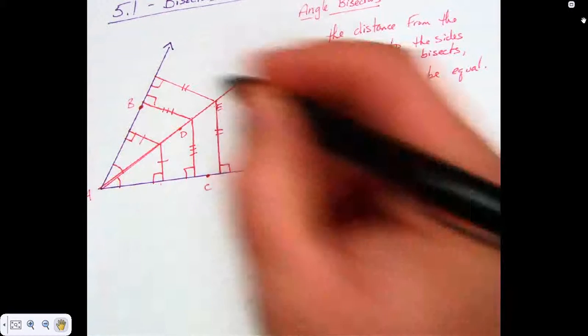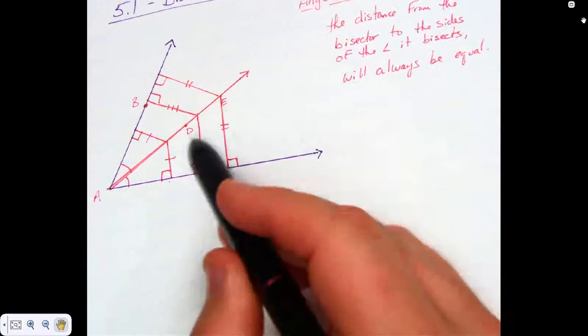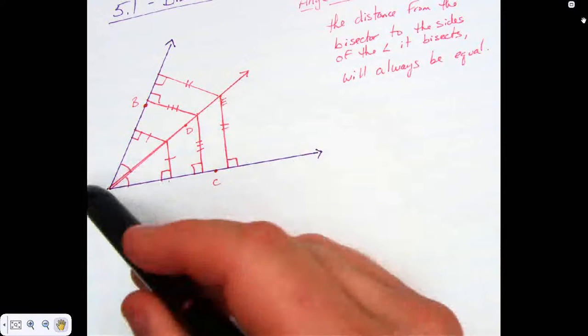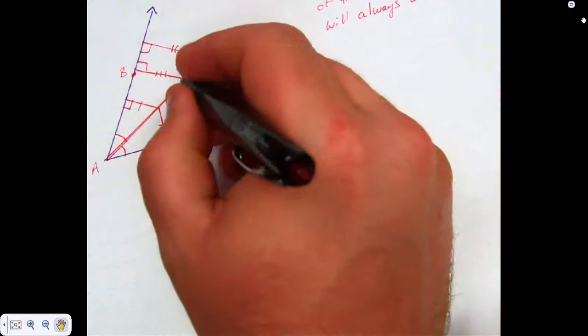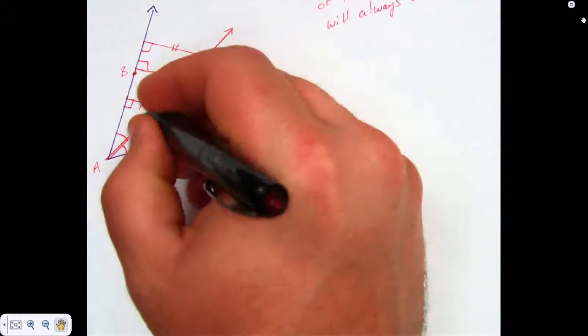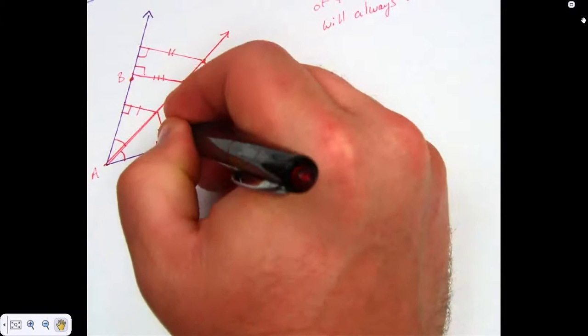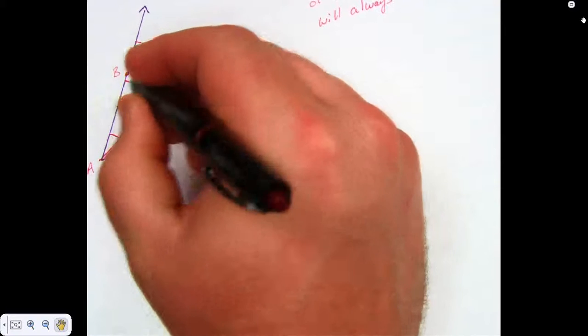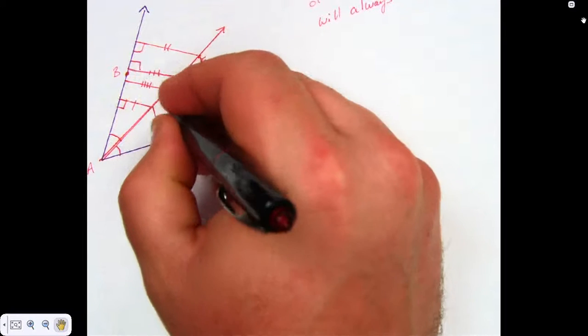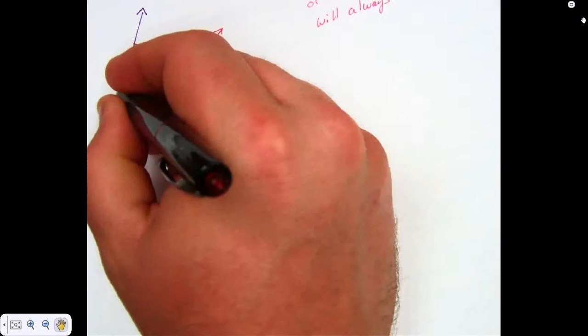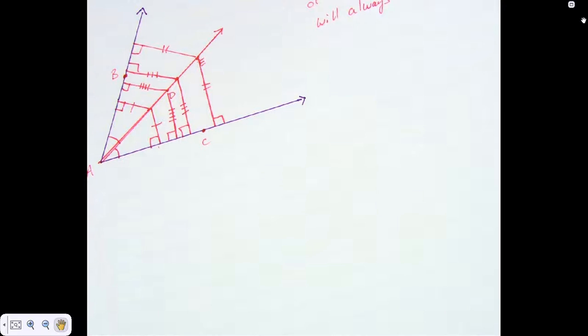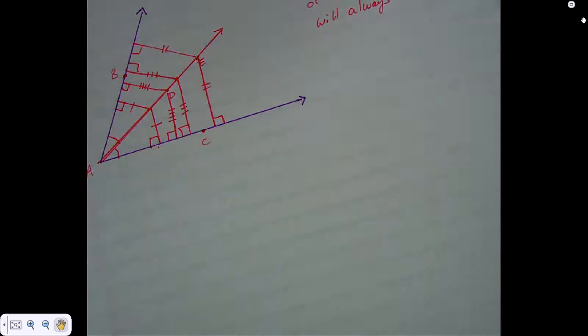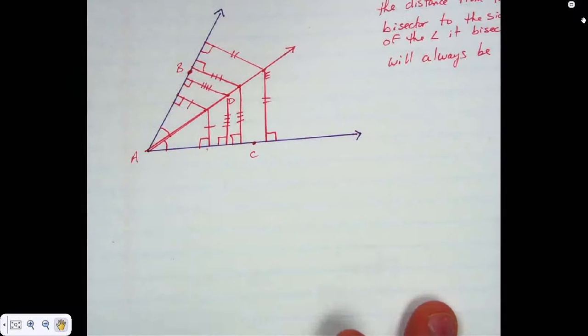The same. As you go up and down here, the distance changes, but it's still the same from that particular point each time, as long as it's along a right angle. So that's the property I want you to remember with angle bisectors.